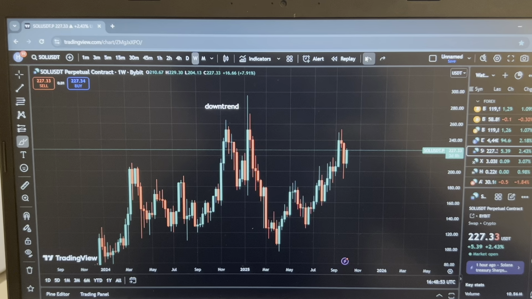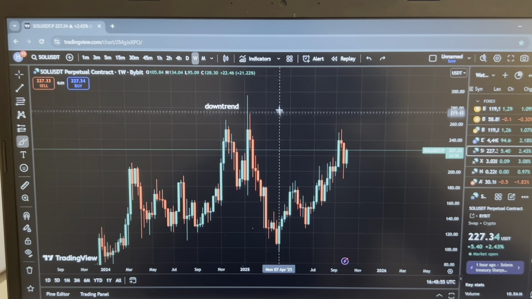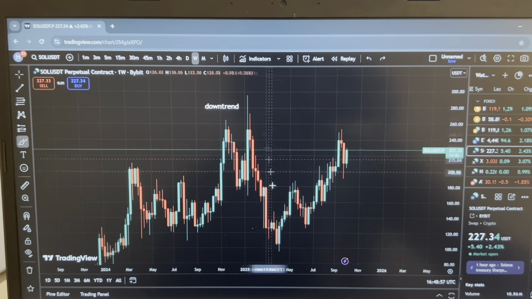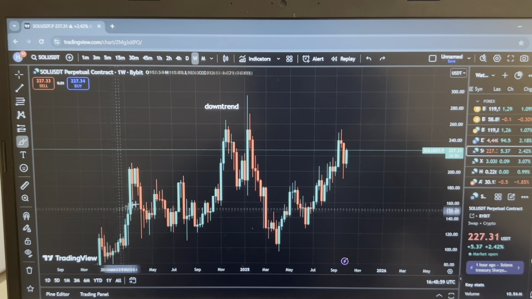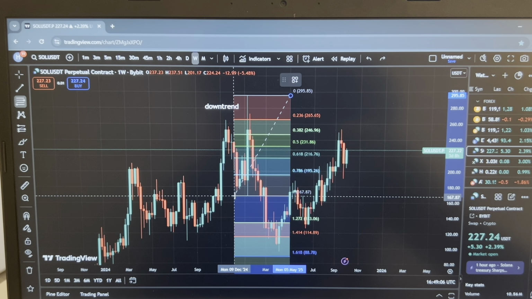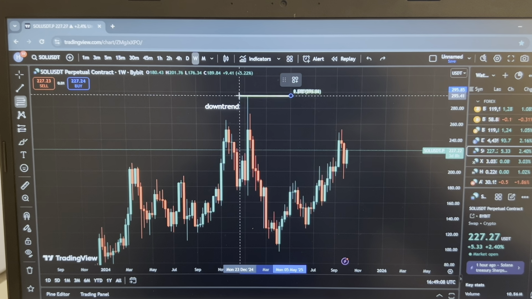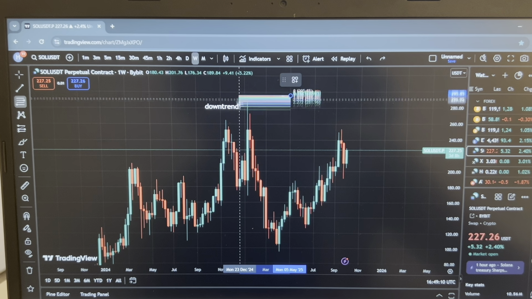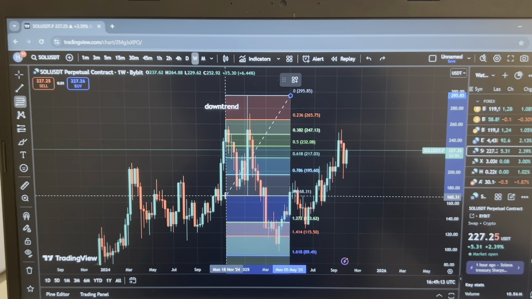So let's see if the Fibonacci retracement tool works perfectly for us to identify how long this is gonna go. Let's take the tool, and as you guys can see, this is the highest point of the trend, and this is the lowest point of the trend.